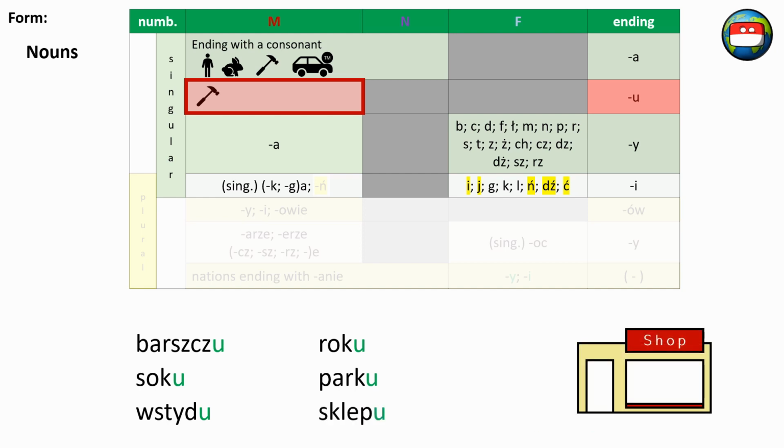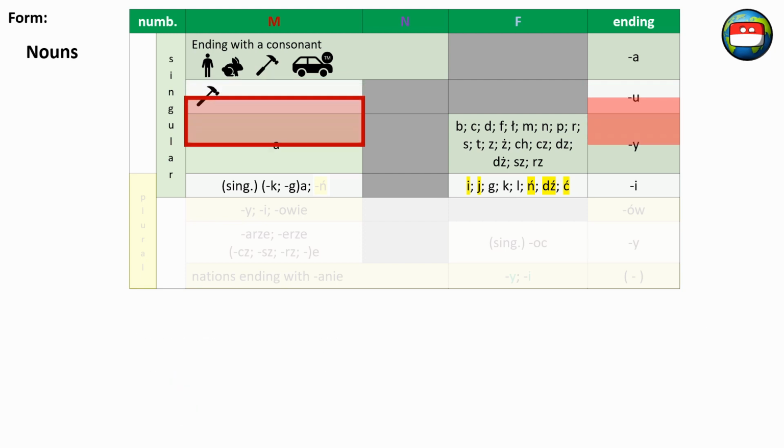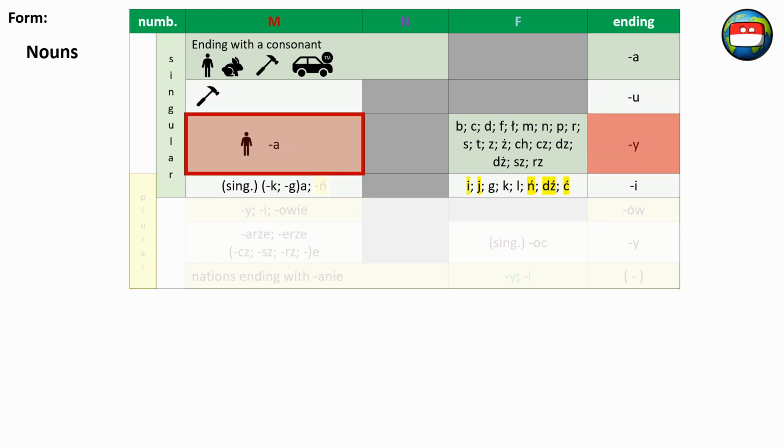At the beginning it might be a bit difficult to know which ending should be applied for objects, but with some practice you'll start to notice the right patterns, therefore the risk of error will get lower and lower.